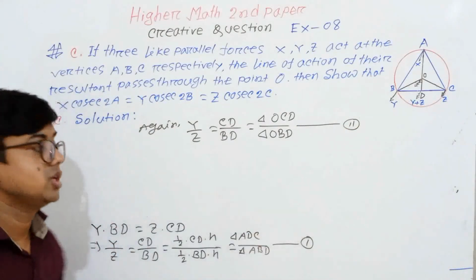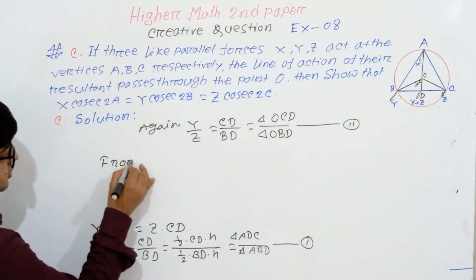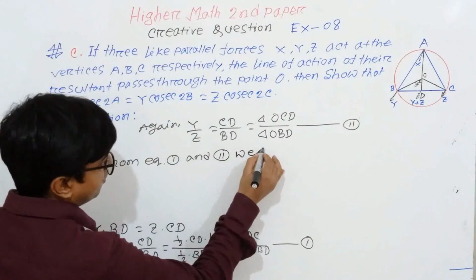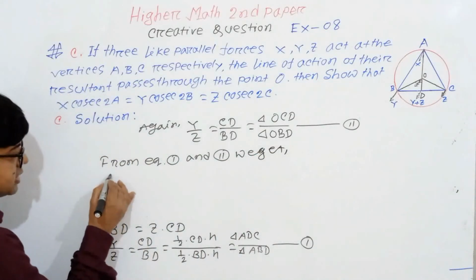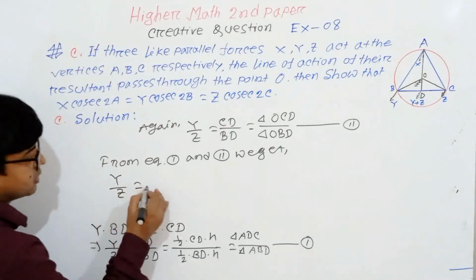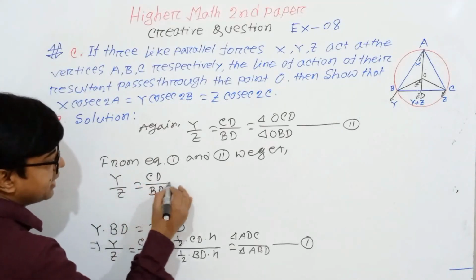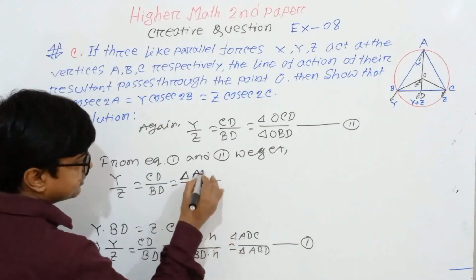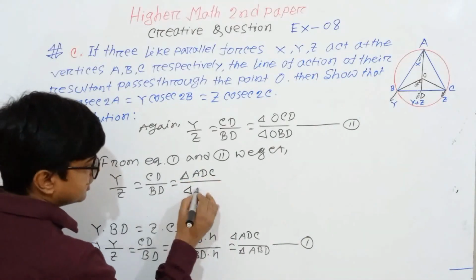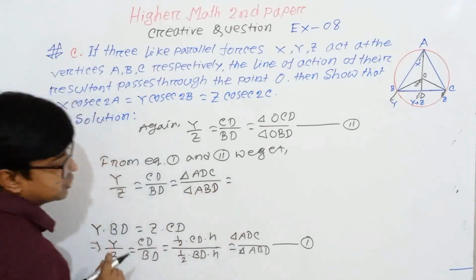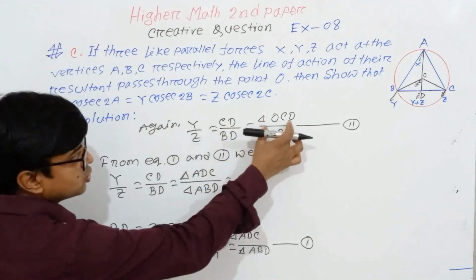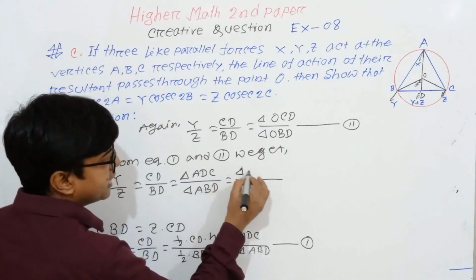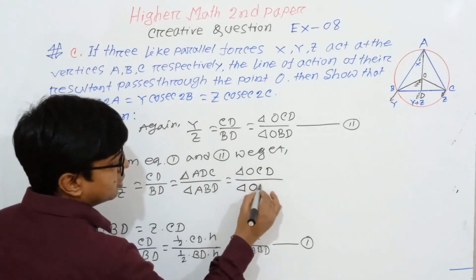Now from equation 1 and 2, we get here, look at this, Y by Z equals to CD by BD equals to triangle ADC by triangle ABD, equals to, here CD by BD equals to triangle OCD by triangle OBD.